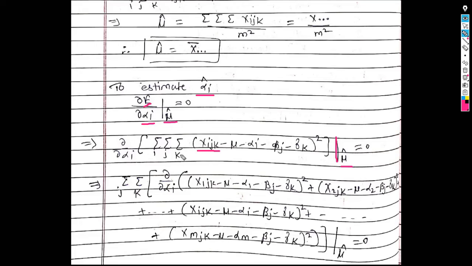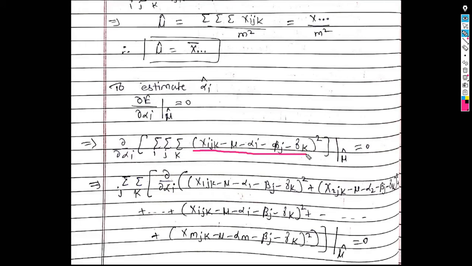Now take the summation over j and summation over k outside the derivative. So we get the summation over j, summation over k of the bracket. Now we want to differentiate this summation over i term with respect to alpha i. So for that, split this summation over i.